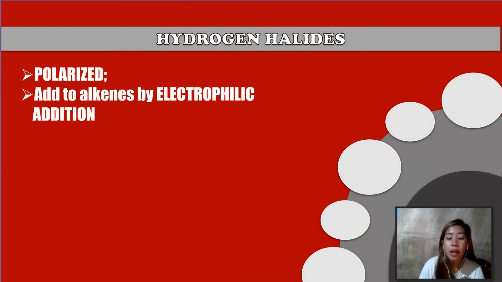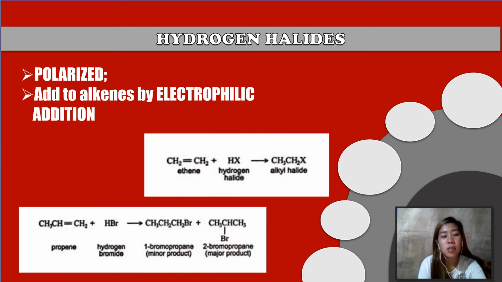So now let's jump to what a hydrogen halide is. Hydrogen halides, unlike halogens, are polarized molecules which easily form ions. Hydrogen halides also add to alkenes by electrophilic addition. In this picture, we can see a reaction that happens between an ethene and a hydrogen halide.